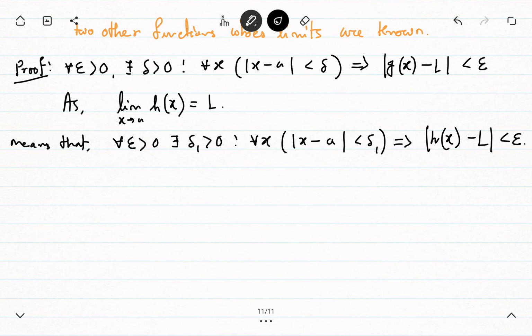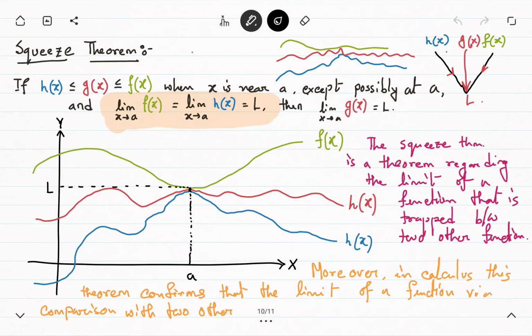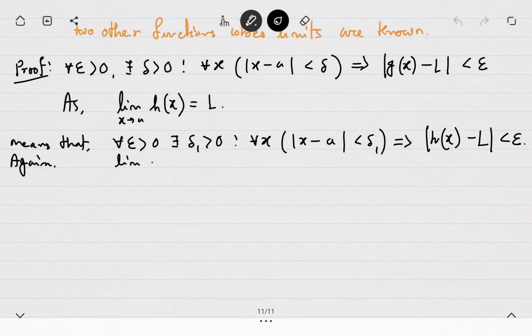So this is h of x. And again, as it is given, the limit of f of x, x tending to a, equals L.